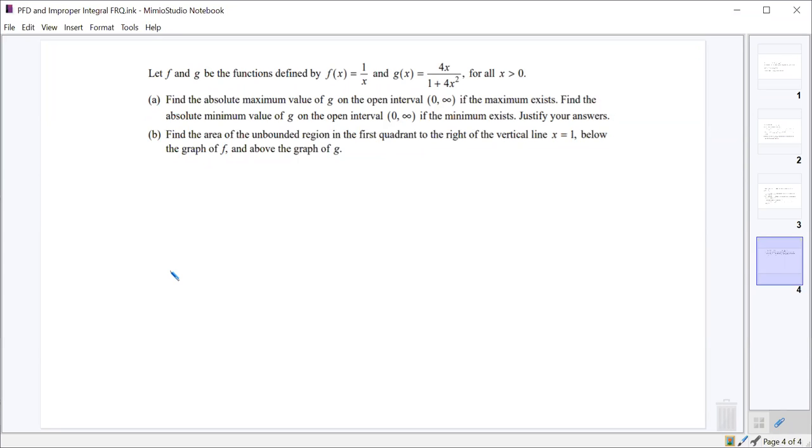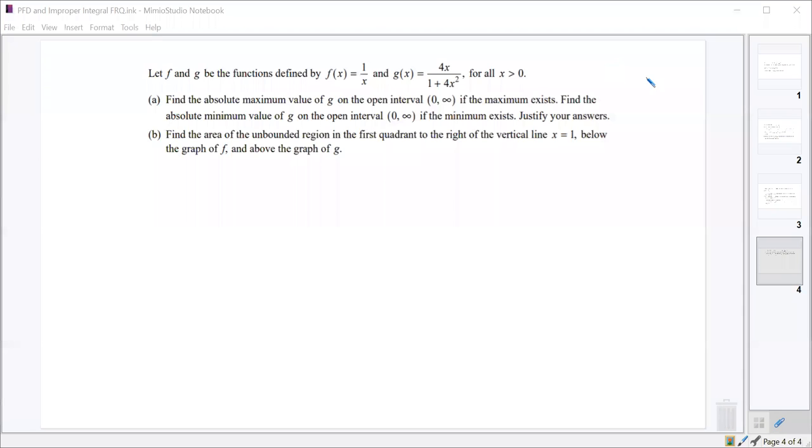So we got f of x is 1 over x, g of x is 4x over 1 plus 4x squared for x greater than 0, and we're looking for assorted areas and maxima, minima on intervals and all that fun stuff. This one I don't think should be too difficult, but I'd like to give you guys about 15 minutes to work through, and then we'll talk about it. Sound good? All right, you have 15 minutes.